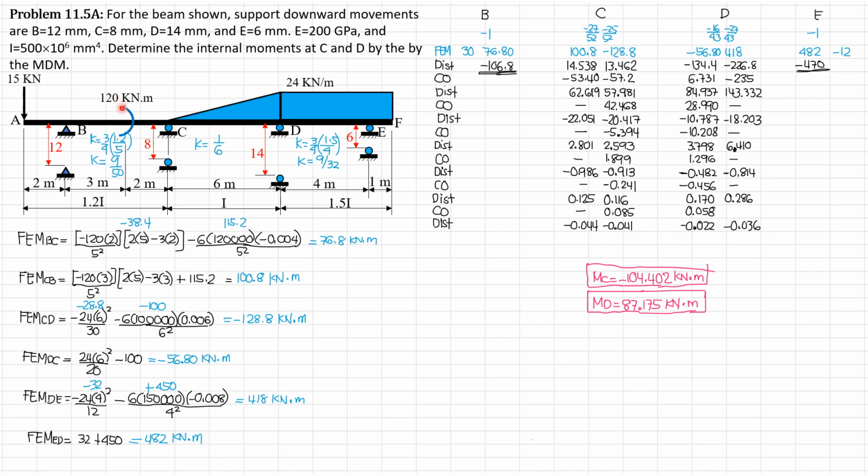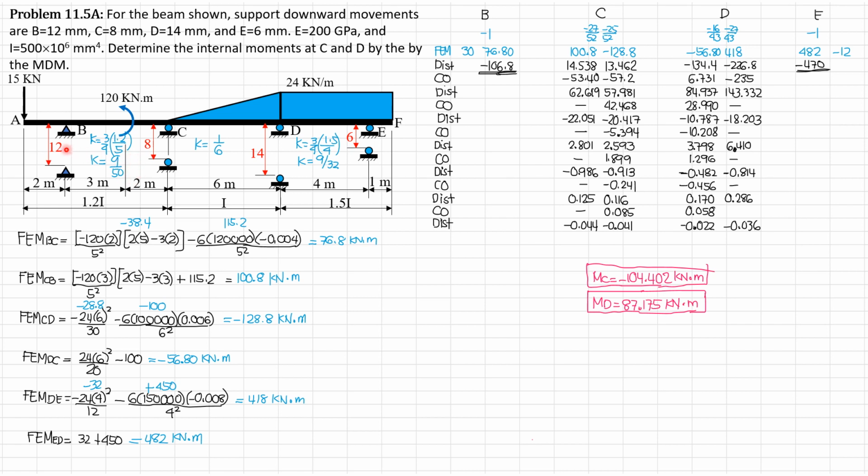Then for support settlements or side sway moment, negative 6 EI. And EI, if the moment of inertia is I, is 100,000, but if the moment of inertia is 1.2 of I, it is 120,000 kilonewton meter square also. Then delta is treated negative because the rotation of chord BC is counterclockwise.